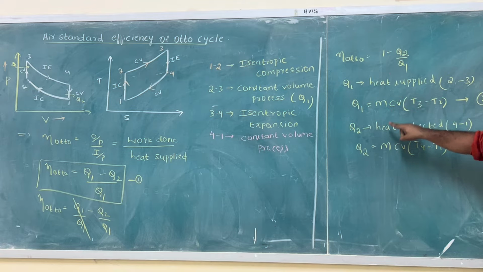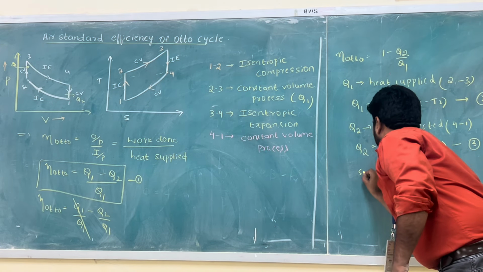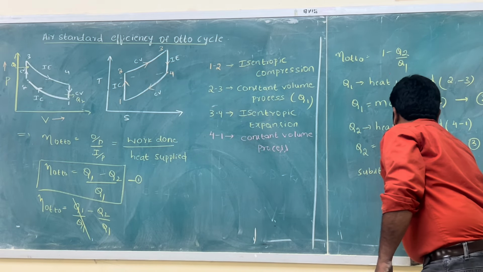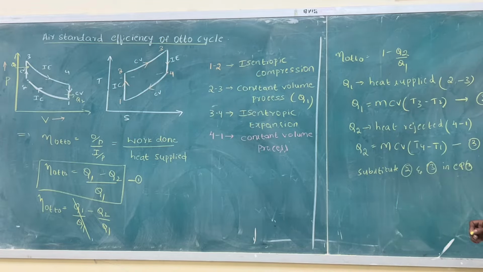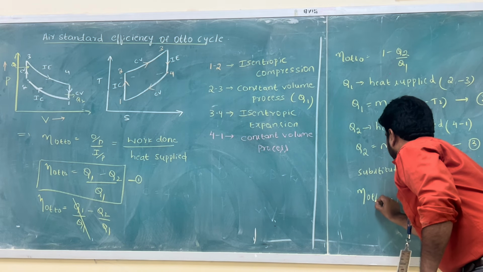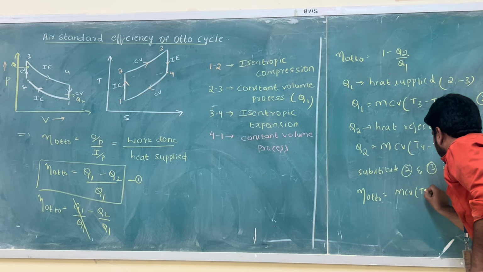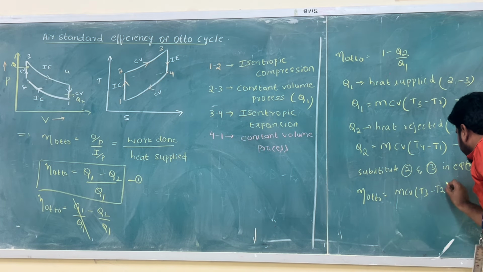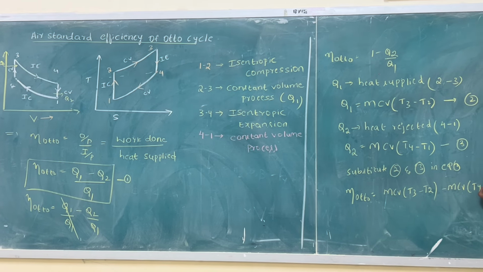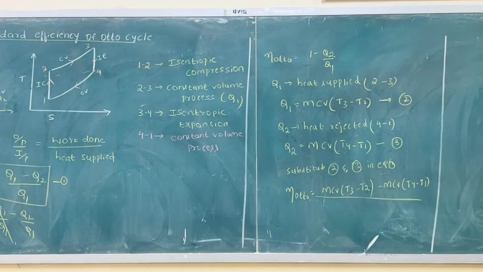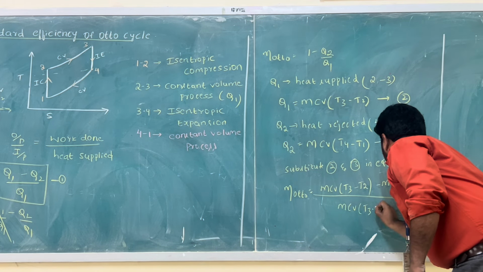Now we have derived the heat supplied and heat rejected. Now substitute the values of Q1 and Q2 from equations 2 and 3 into equation number 1. The efficiency of the Otto cycle is equal to Q1, which is m Cv (T3 minus T2), minus the heat rejected, m Cv (T4 minus T1), whole divided by Q1, given by the formula m Cv (T3 minus T2).